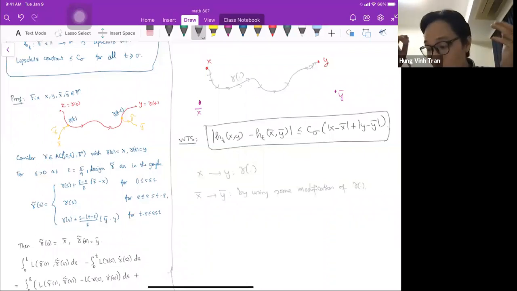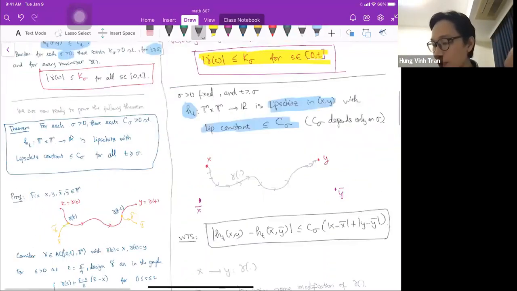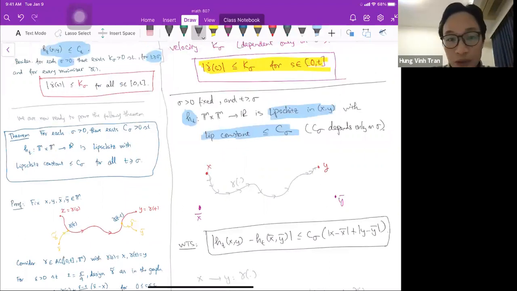And what is really important was, earlier we already proved that if you choose an optimal gamma, a nice gamma that is a minimizer connecting x and y, we know that its velocity is bounded, right? And when its velocity is bounded, everything is pretty much under control.